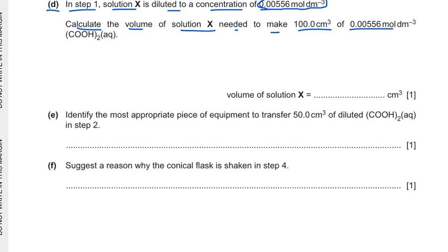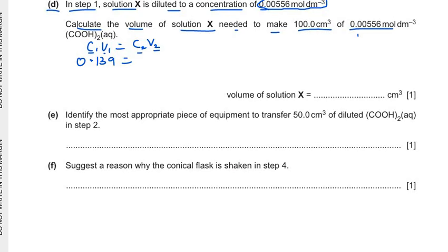So if we use the simple formula C1 V1 equal to C2 V2, where the concentration and volume are used respectively, we can say that the volume used of 0.139 solution we don't know. So V1 we have to calculate, the concentration is 0.139 equal to C2 V2.